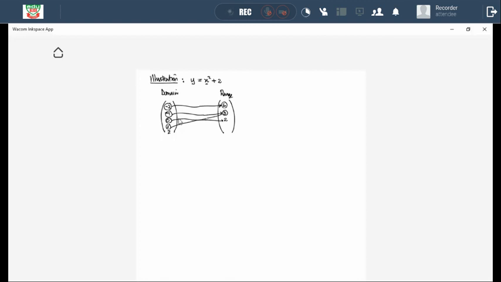Take note, look at that. So -1 and 1 are both mapped onto 3. 2 is also mapped onto 6. If you plug in 2 there, you also get 6.